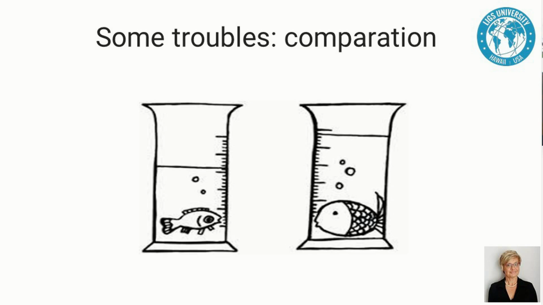The same structure. So if I compare fish, I will describe the water. This water is with salt, this water is without salt. I will compare quantity. In this one there's less water, here there is more water. Then I compare the number of fish.